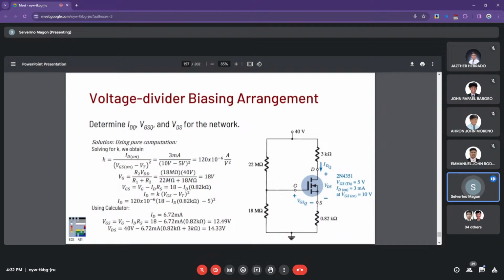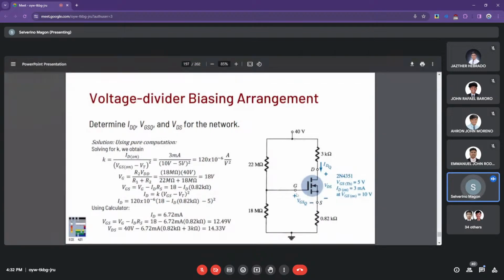Using again quadratic formula or shift solve function, you can solve for the drain current at 6.7, and then calculating again in the input loop for the VGS, you can solve for the VGS at 12.49 volts. So this VGS maintained at 18 volts.